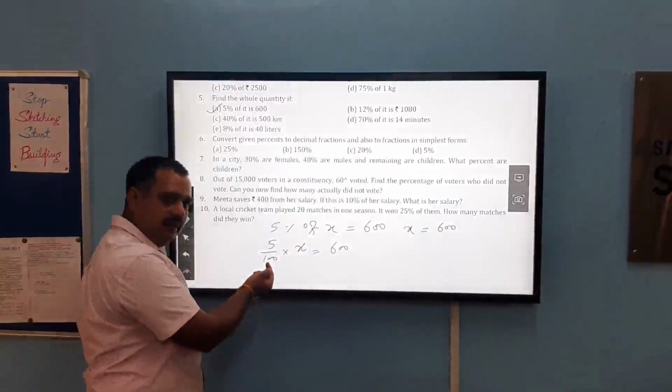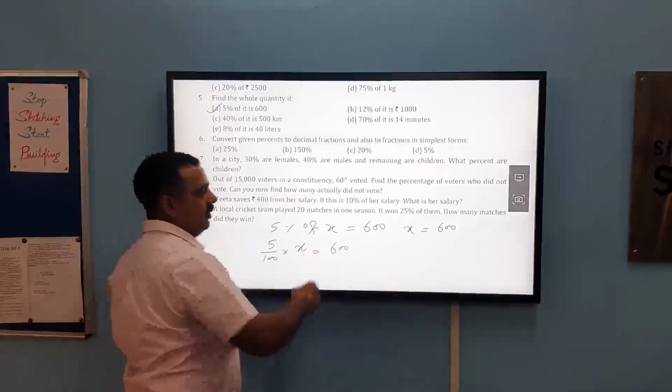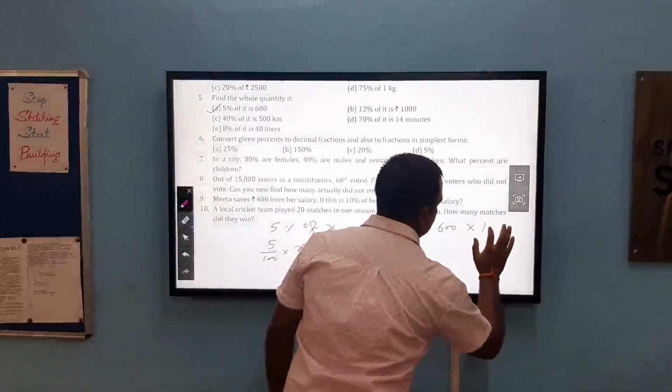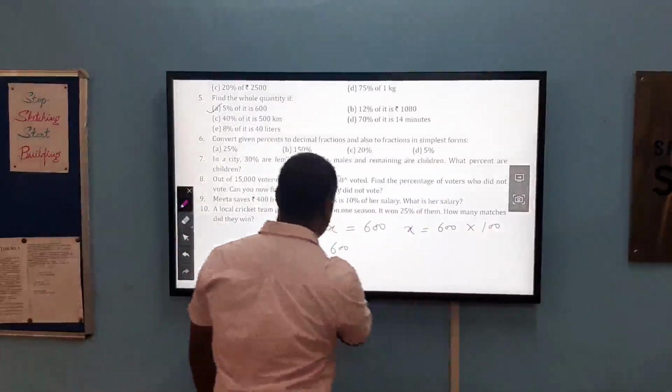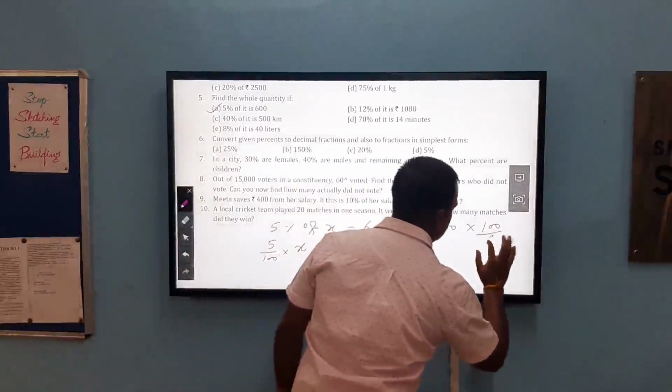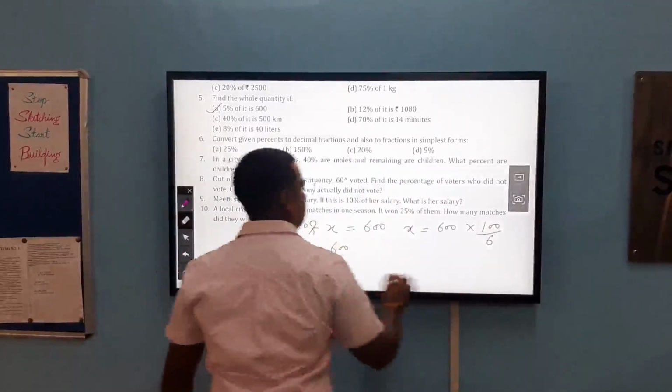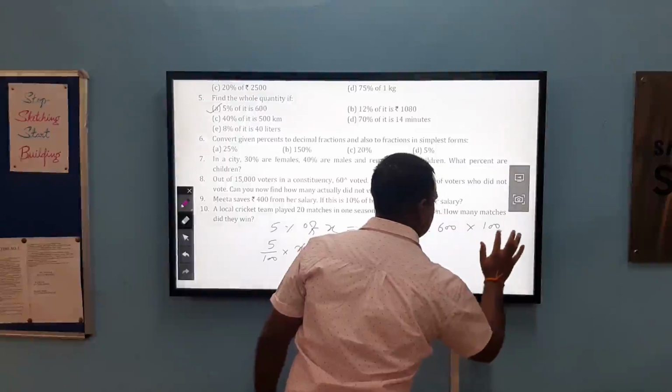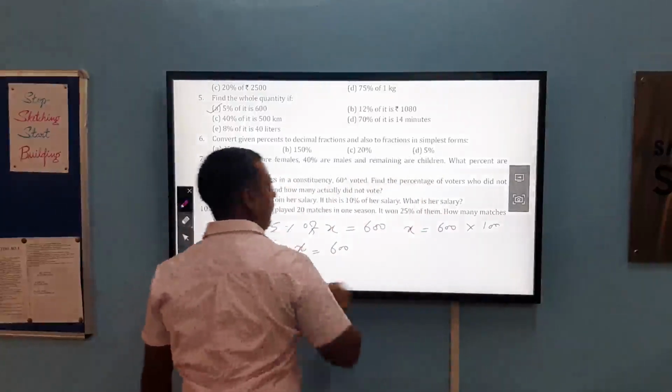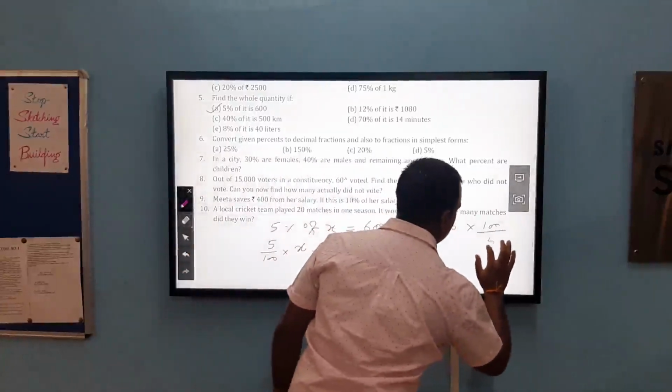100 is in division, here in denominator, so after transpose it becomes in multiply and 5 goes into the denominator. It becomes 100 upon 5.